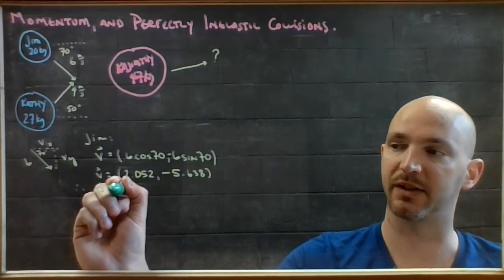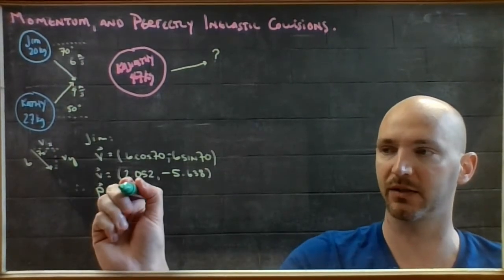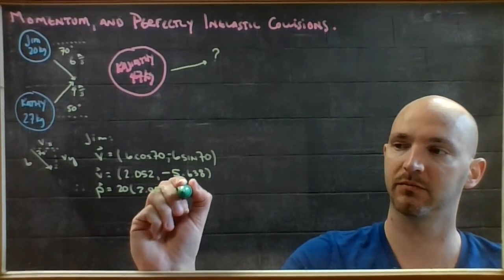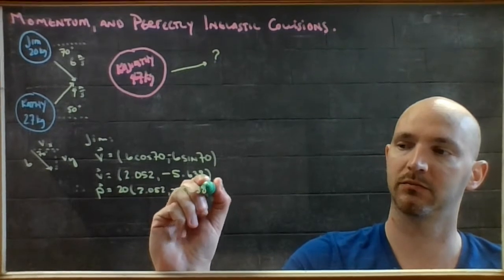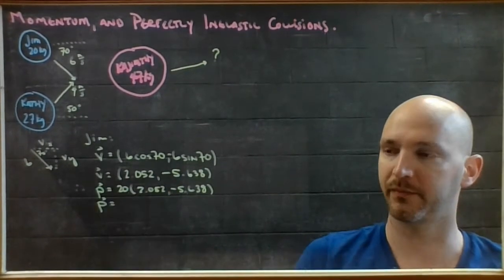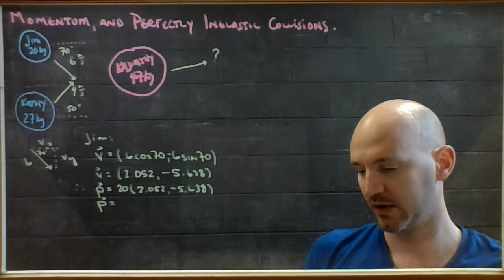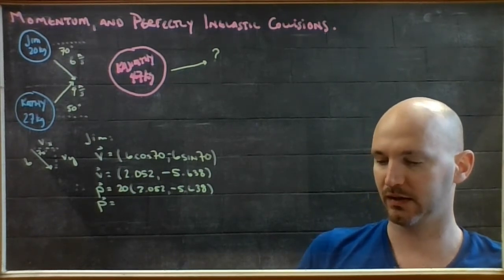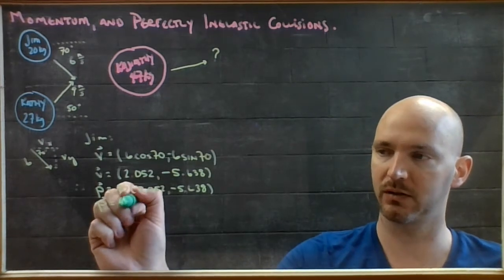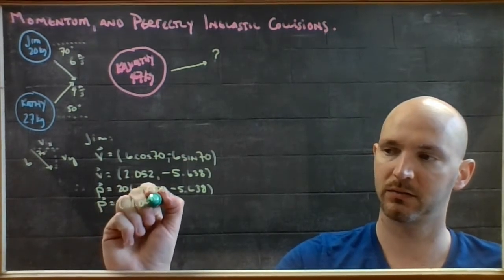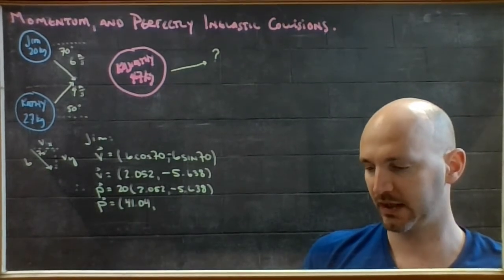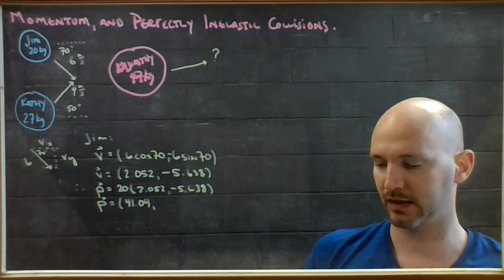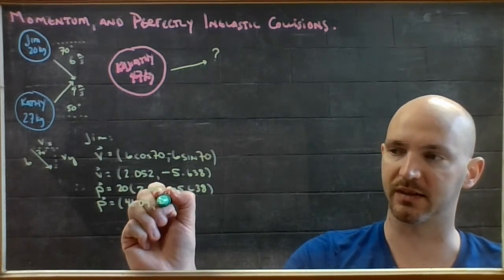Therefore, the momentum vector would be Jim's mass of 20 kilograms multiplied by this velocity vector, which gives us a total of 20 times 2.052 is 41.04, comma, 20 multiplied by negative 5.638 is negative 112.76.